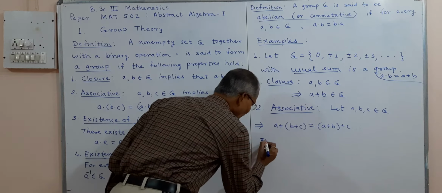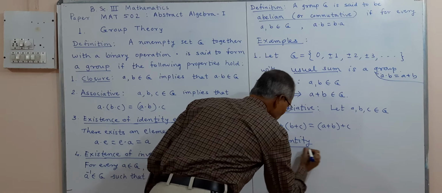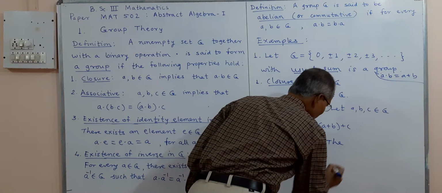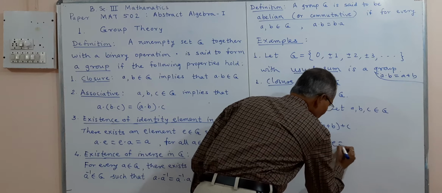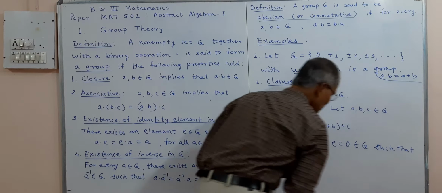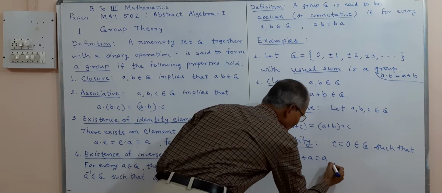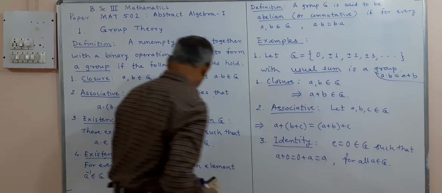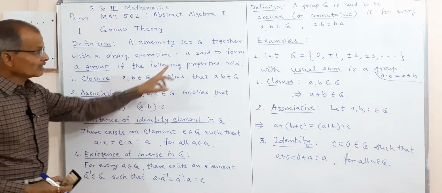Now what about the third, identity? We just have seen there is 0 in this set. e is equal to 0 belongs to G, such that a plus 0 is equal to 0 plus a is equal to a, and this happens for all a belongs to G. Here the composition is denoted generally by dot.